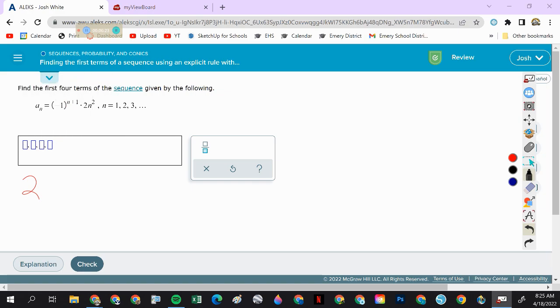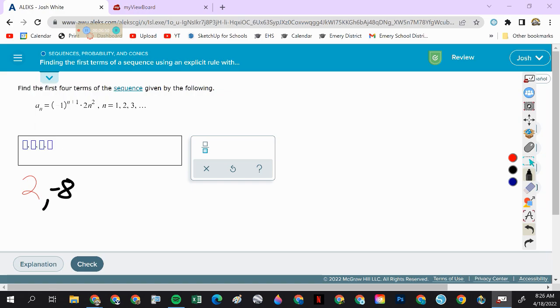Now we plug in 2. If I stick a 2 there, what is negative 1 to the third? It'll be negative 1 times negative 1 times negative 1, which is negative 1. We plug in a 2 here, and I get 2 times 4, which is 8, but I have to hit it with the negative 1, so negative 8.